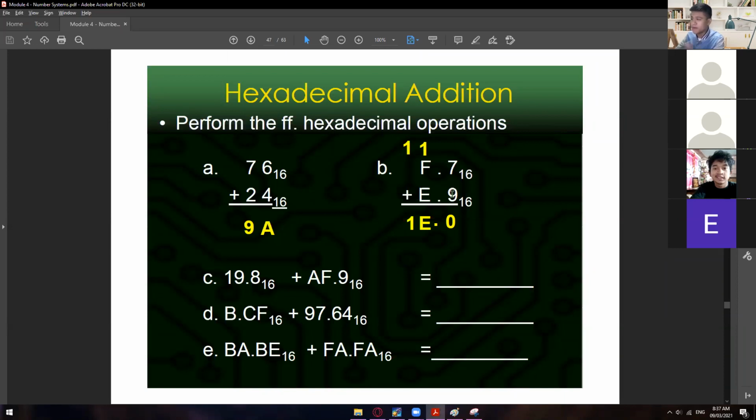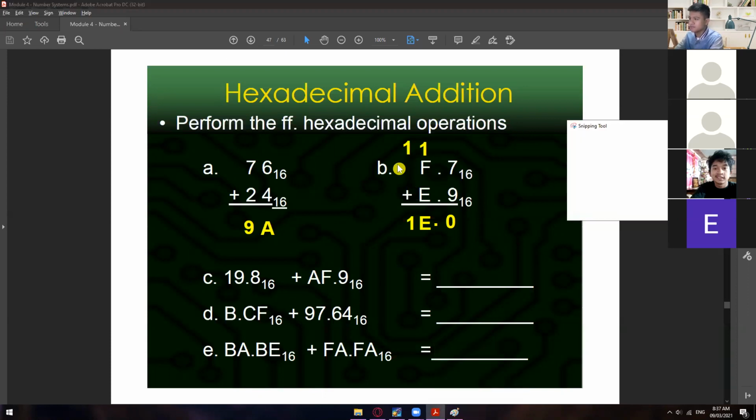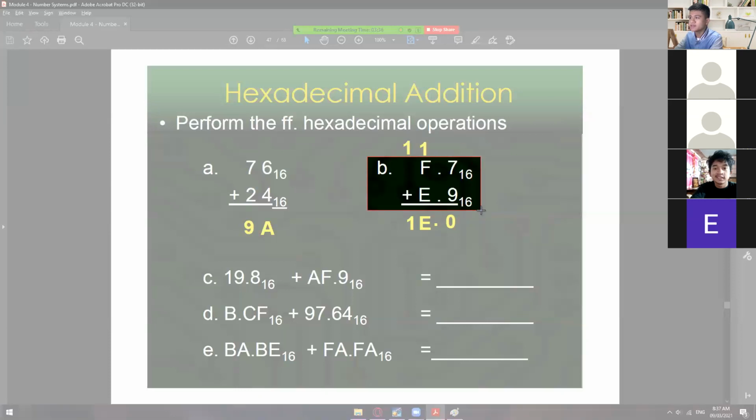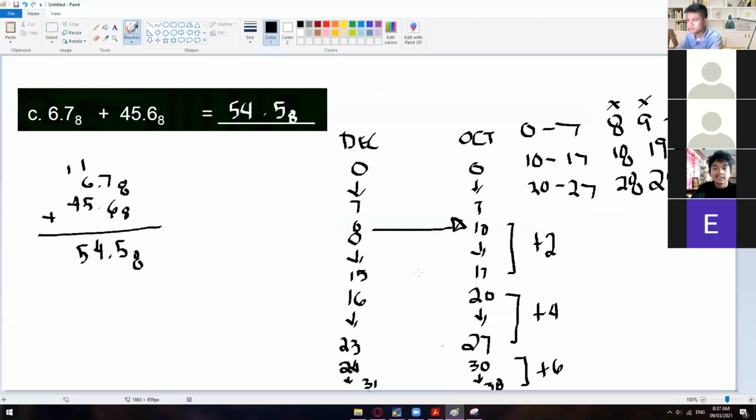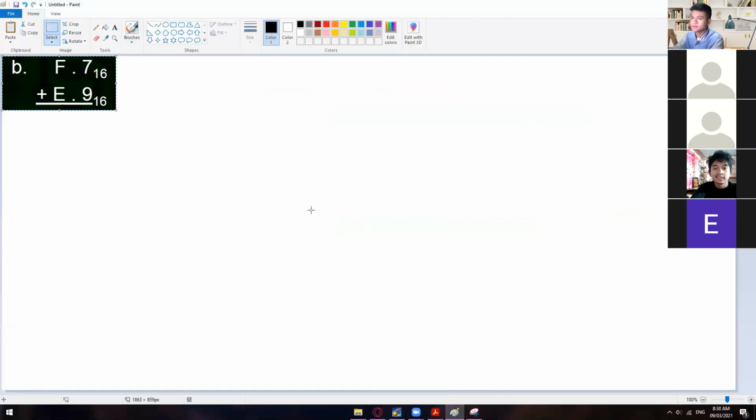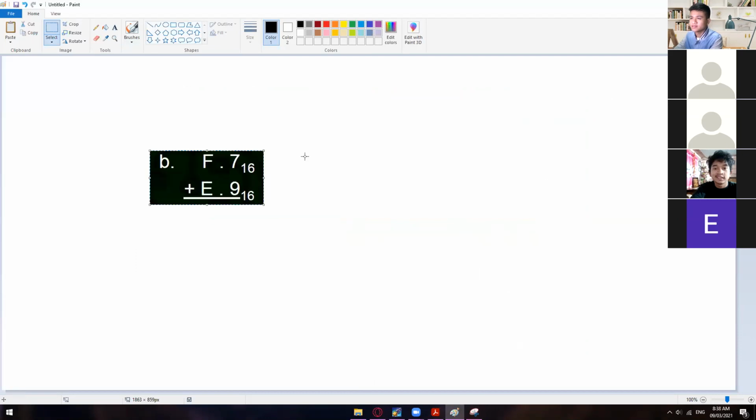And in here we have 7 plus 9 is 16. But then again, it's not 16, it's actually 10. Now, how did we get this 10? So let's have this decimal to hexadecimal conversion once again.